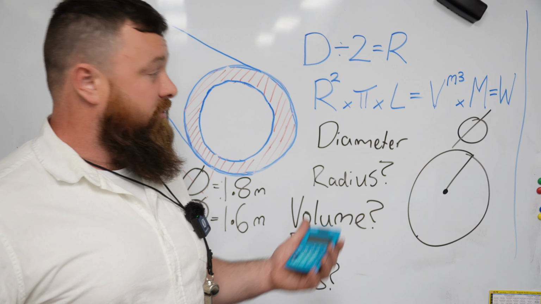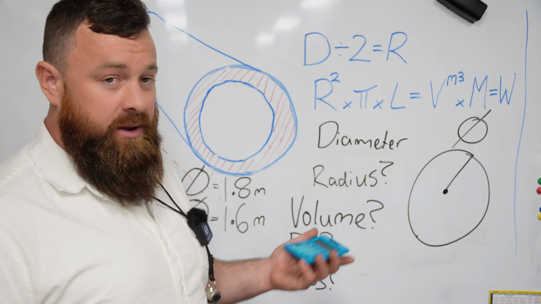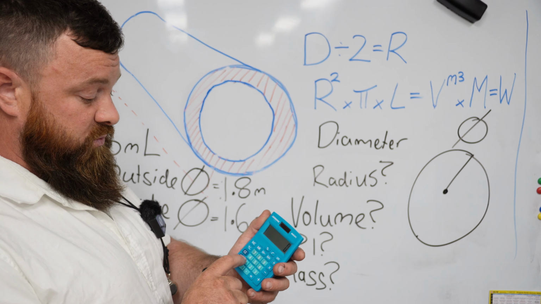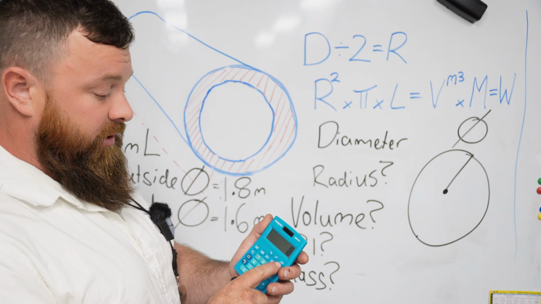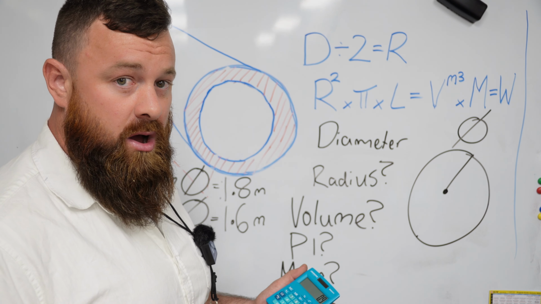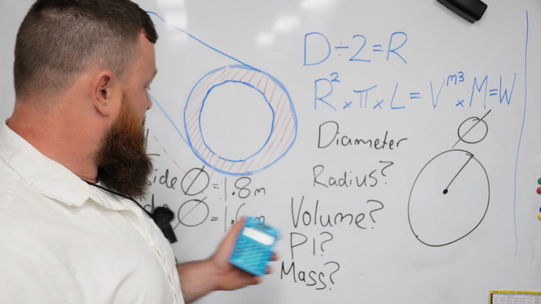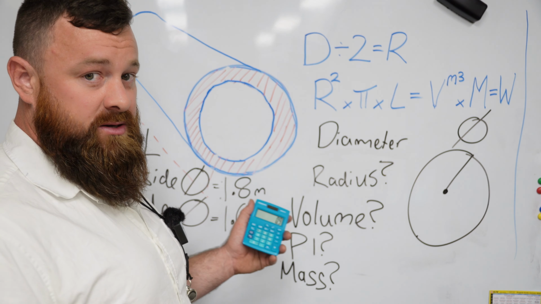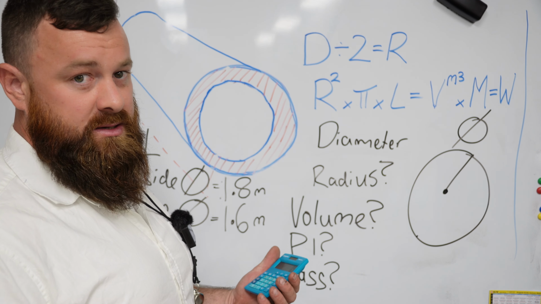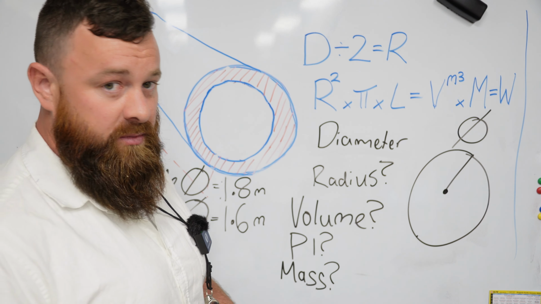I know that it is 0.9 off the top of my head, but I'm going to enter it into the calculator. Our outside diameter is 1.8, and we divide that by 2, and that gives us 0.9. So our radius for a 1.8 meter diameter circle is 0.9 meters, or 900 millimeters.